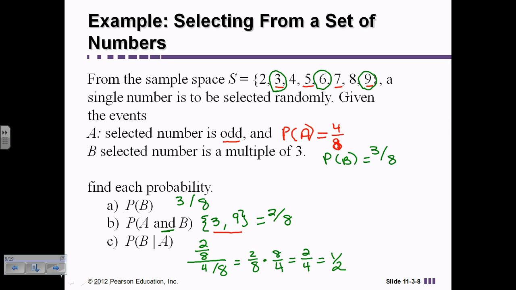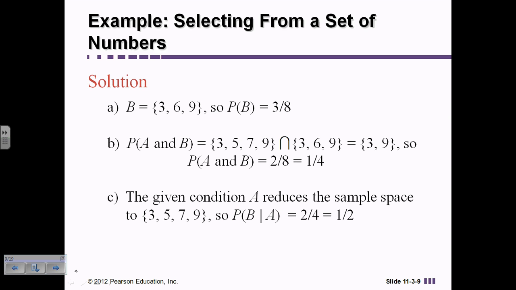So let me give you another page with some answers. So here are our answers again. The probability of B was the numbers 3, 6, and 9, so the probability of B was 3/8. For A and B, this is the set of A values, this is the set of B values. We're going to go through and look at the intersection, which means what they have in common, and what they have in common are the numbers 3 and 9. So the probability of the intersection of A and B would be 1/4 or 2/8.